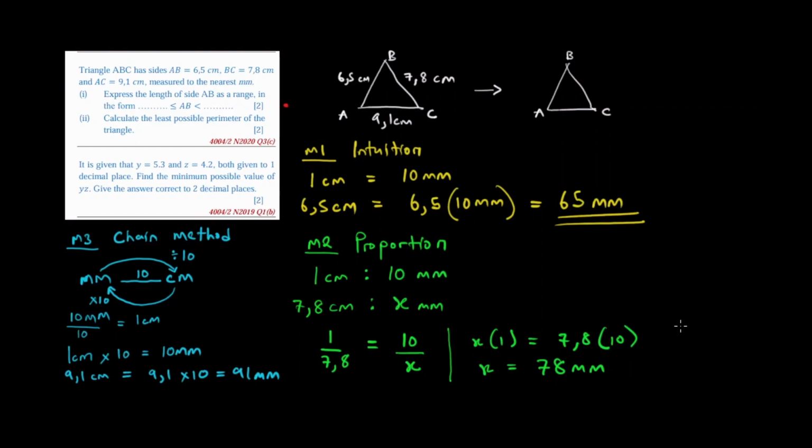So these are the 3 methods we showed you on how to make conversions. You elect any one of them. You use a method which makes the most sense to you. Then you keep on practicing that method until it becomes second nature. So let us remove this part so that we progress with our question.